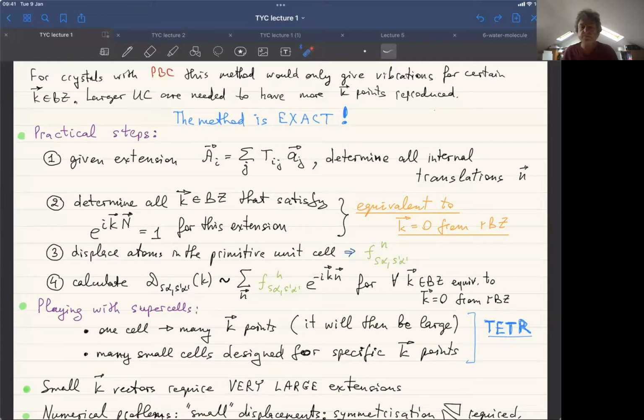All right. One can do a little bit better than that, and one can actually determine which particular atoms, and in which fashion, you have to move to excite just one vibration associated with that k point only. This way you can simplify your calculation.